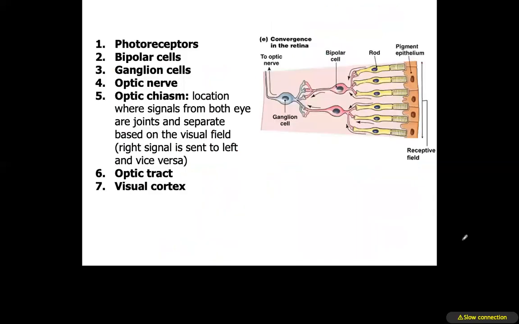So what is the passage of the electrical impulse through your eye? Again, you're starting with your photoreceptors, and you can write photoreceptors as rods and cones, which passes the message to bipolar cells, which passes it to the ganglion cells. The ganglion cells' axons become what we identified as the optic nerve. Optic nerve, remember the whole concept of contralateral.